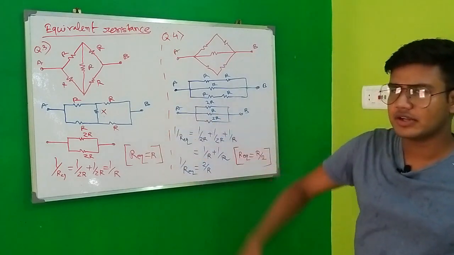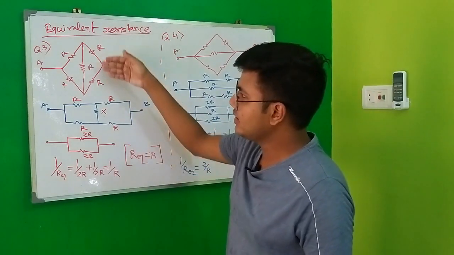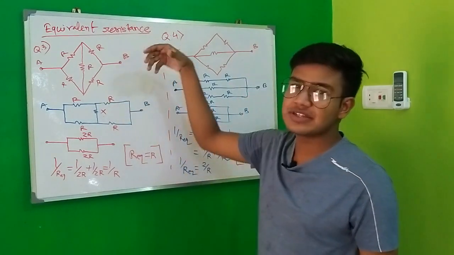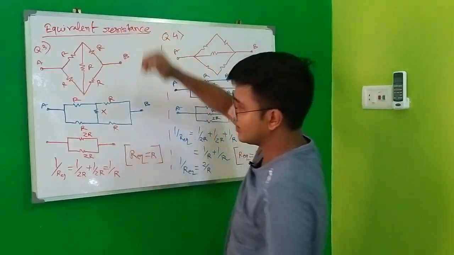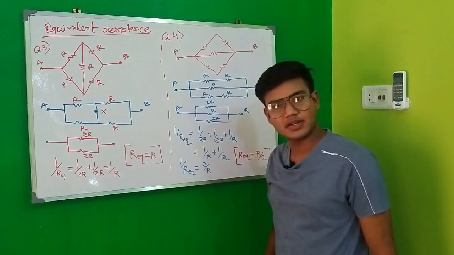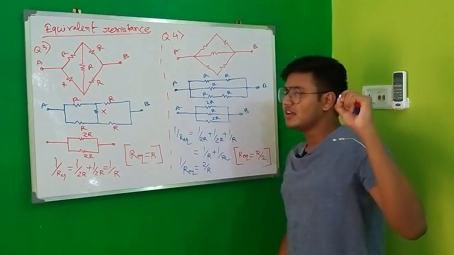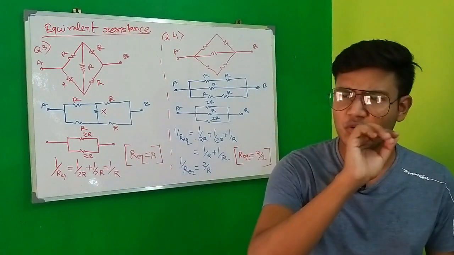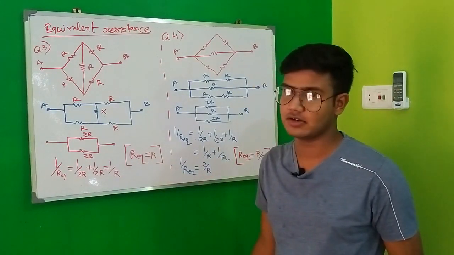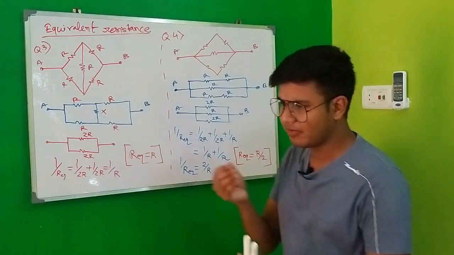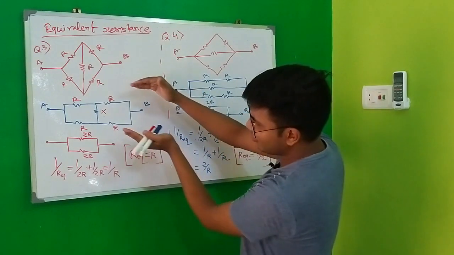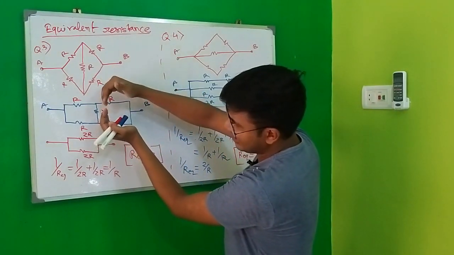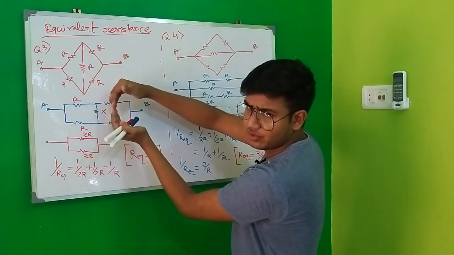Let's check out question number 3 first. In this case, if you simplify by compressing this, you will get this type of circuit. Just remember that this middle part will not contribute any flow of electrons. You can also think of it very easily: while electrons are coming over here, they are colliding with each other and can't pass through there.